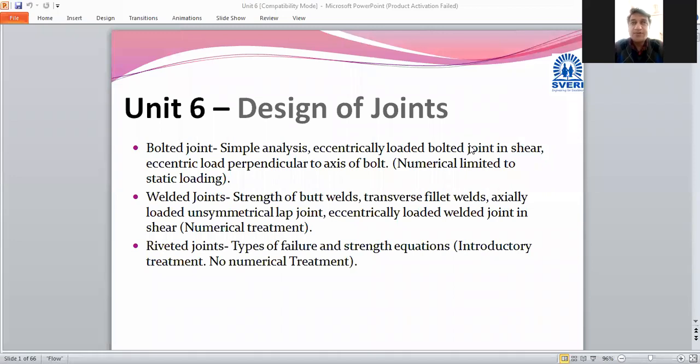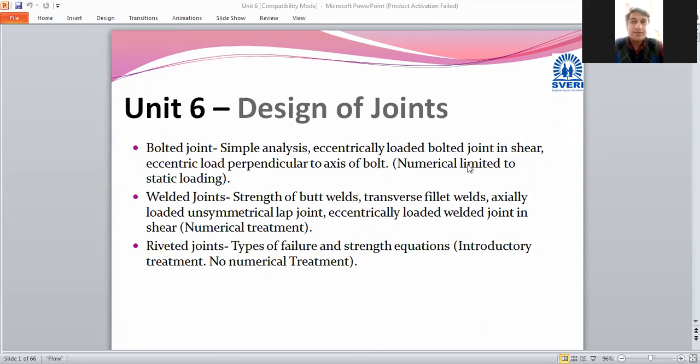Now just give me 1 minute. As we have finished unit number 5, we are going to have this last unit, and the name of that unit is design of joints. Now in this unit, first of all, we are going to see bolted joints. In that, we are going to see simple analysis, then eccentrically loaded bolted joints, and how the shear occurs in that, with an eccentric load perpendicular to the axis of the bolt.